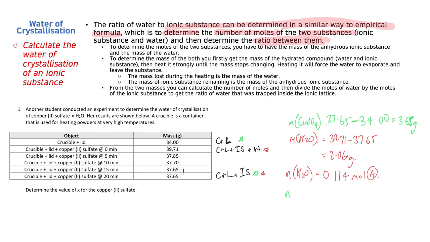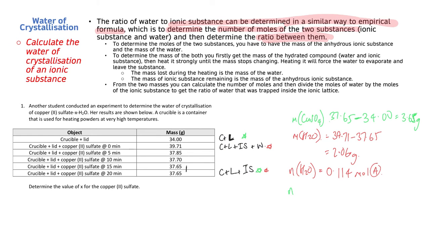The number of moles of copper sulfate will be equal to 3.65, no, that's not right, that's the mass of it. The number of moles is 0.023 moles, which we'll call B.